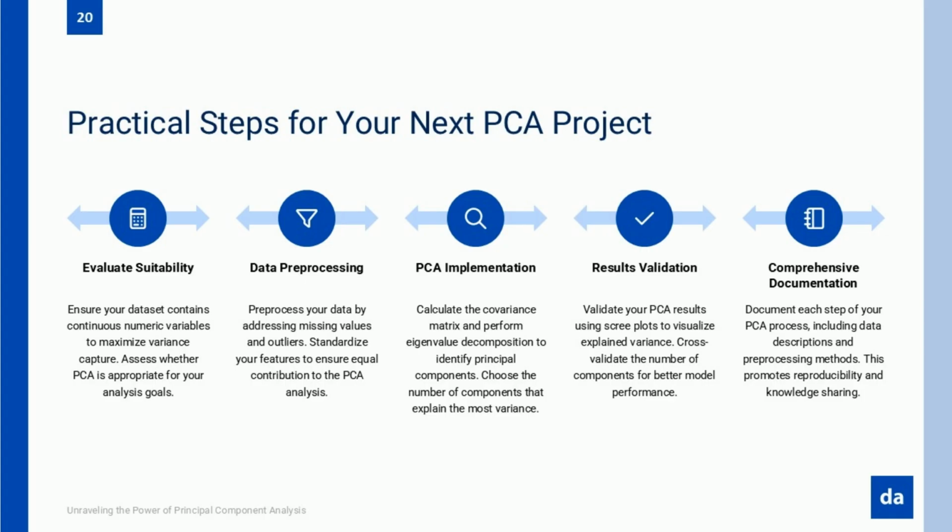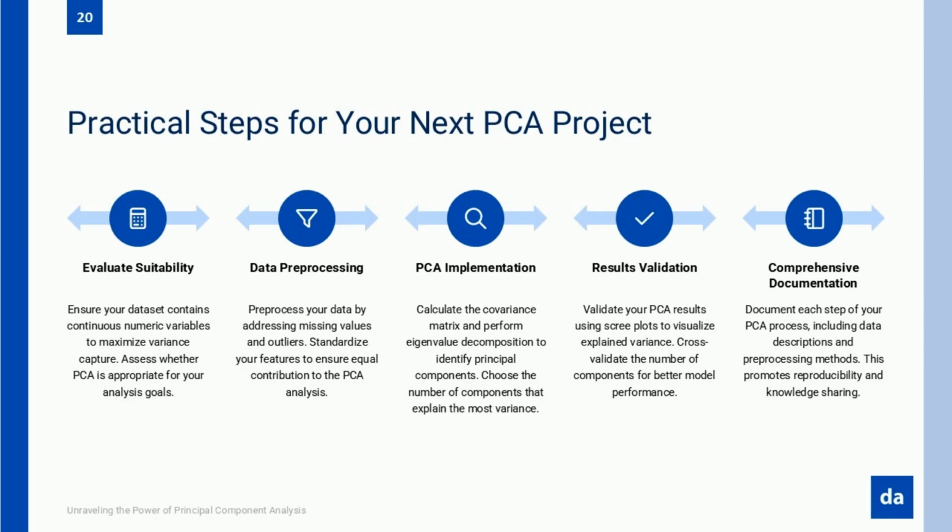The difference between theoretical understanding and practical mastery often comes down to 6 critical steps that transform abstract concepts into working code. First, evaluate whether PCA is appropriate for your specific dataset and analysis goals. Ask yourself, are your variables continuous and numeric? Do you suspect linear relationships between variables?